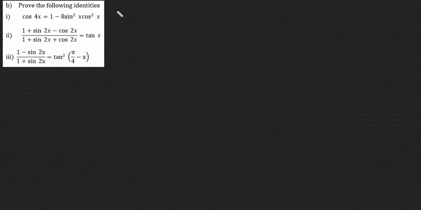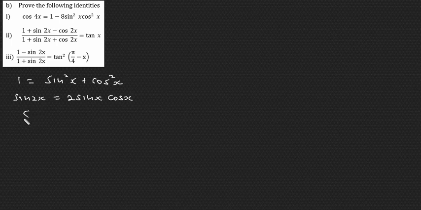So we know that 1 is equal to sine squared x plus cos squared x, and now the sine 2x is the same as 2 sine x cos x. Now let us replace on the left hand side.